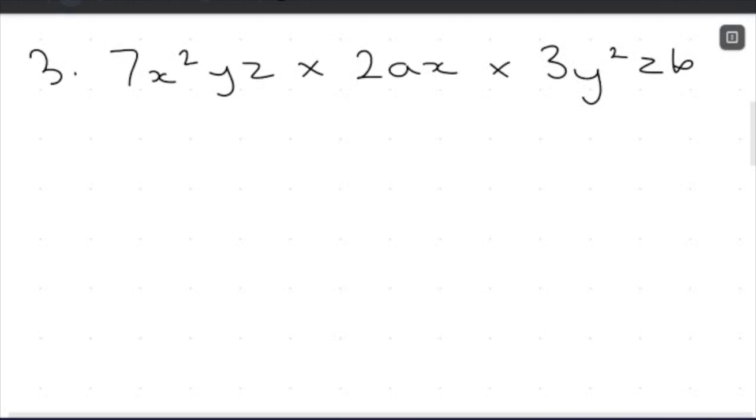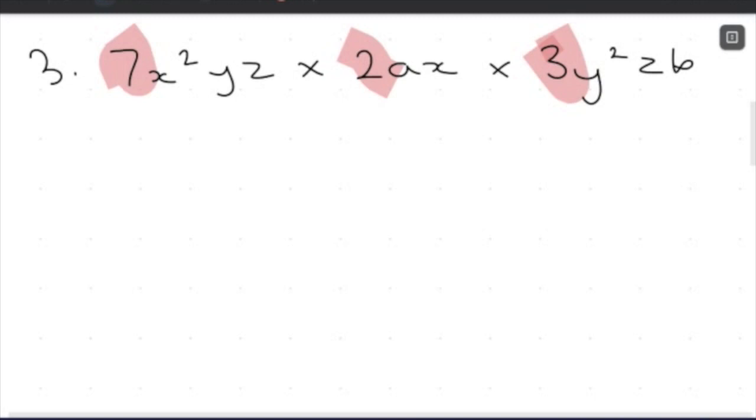So first of all, when approaching any algebraic problem, we always want to consider the numbers we're actually given. So in a multiplication here, we're given a 7, we're given a 2, and we're given a 3. The rest of these terms, we're obviously not going to ignore them, but in algebra, we're always looking at these coefficients, these numbers in front of the algebraic terms, because they are going to be the easier ones to deal with, and the rest of the terms are just going to follow the same patterns that we've established in the last few videos.